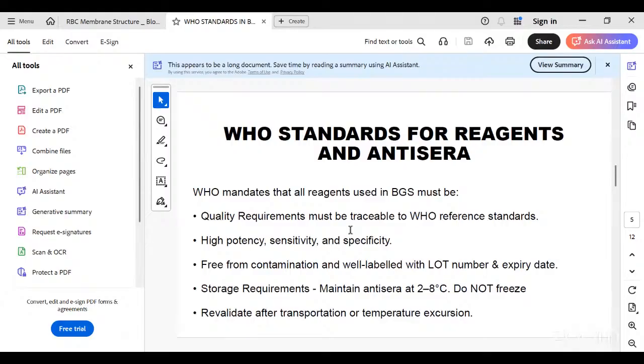They should be free from contamination and must be well labeled with lot number and expiry date. The storage requirements for our anti-sera must be well maintained at 2 to 8 degrees. Anti-sera are not meant to be frozen. So there should be revalidation of our reagents and anti-sera after transportation or temperature excursion. Next slide.